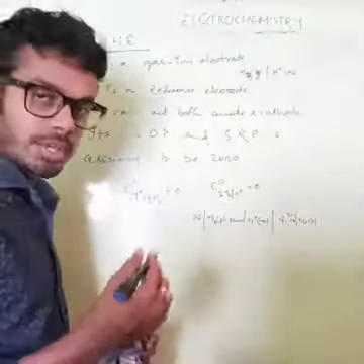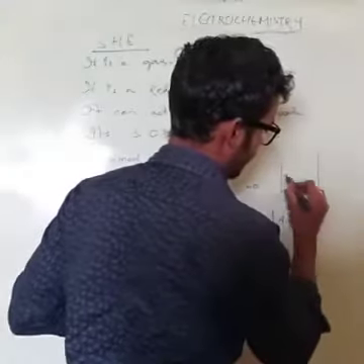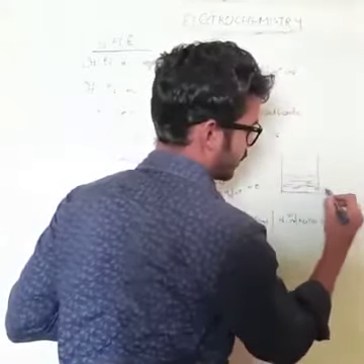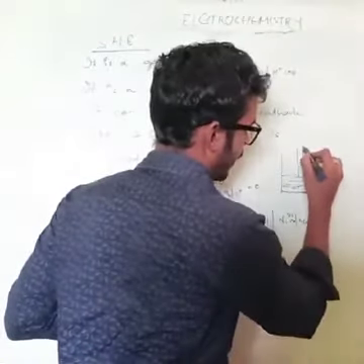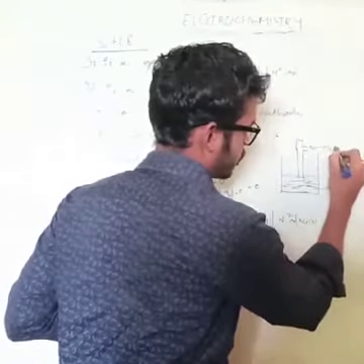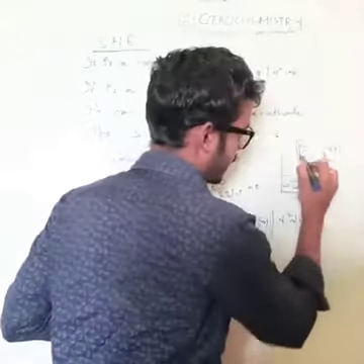And what is the construction part? It's very simple. You need to take one acid which will give the H plus ion, and here you need to supply H2 gas, and here is the platinum electrode.